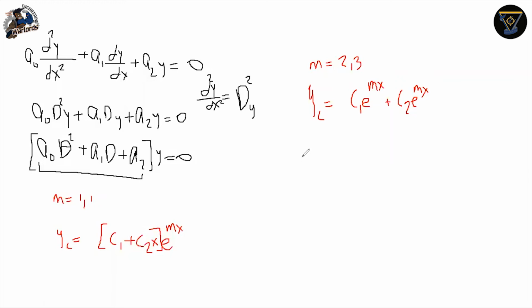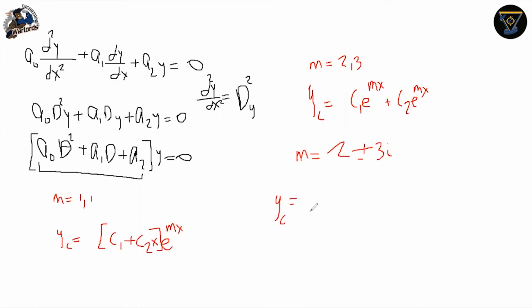However, suppose you do it now and then you get a complex number, right? So let's say you get m is equal to 2 plus or minus 3i. The formula for yc, anytime you have a complex number, you use this formula.